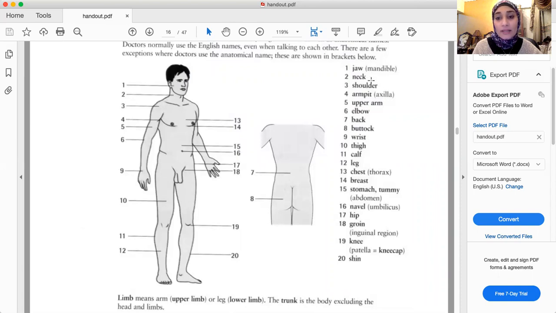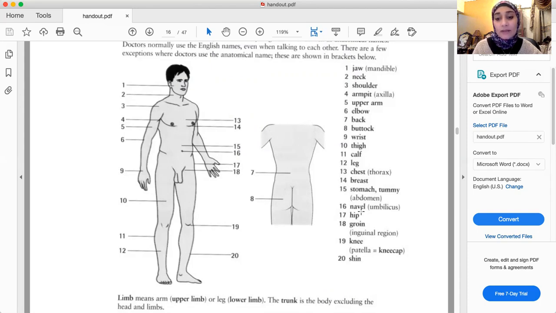We have neck, shoulder, armpit, and the anatomical name is axilla. We have upper arm, elbow, back, buttock, wrist, the W is silent, thigh, calf, leg, chest, or thorax. We have breast, stomach or tummy, and the anatomical name is abdomen.